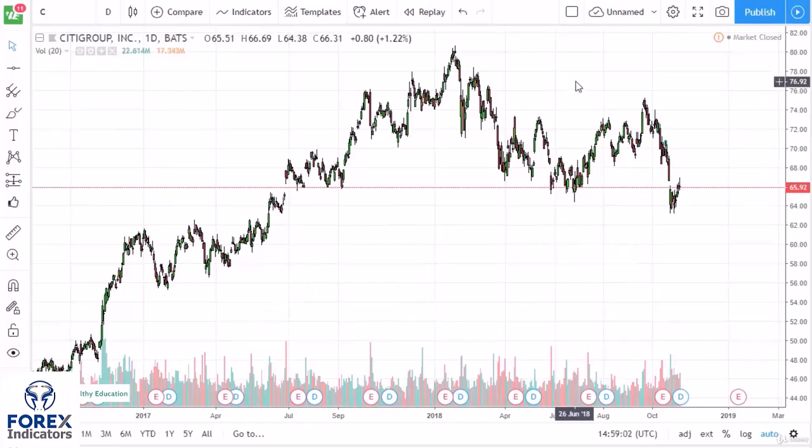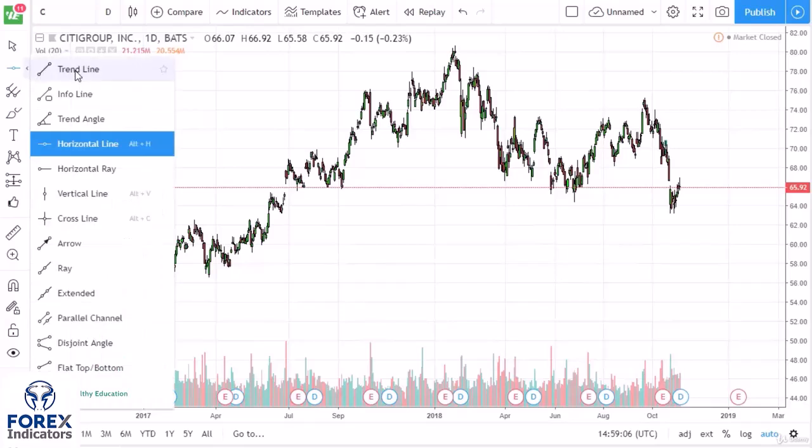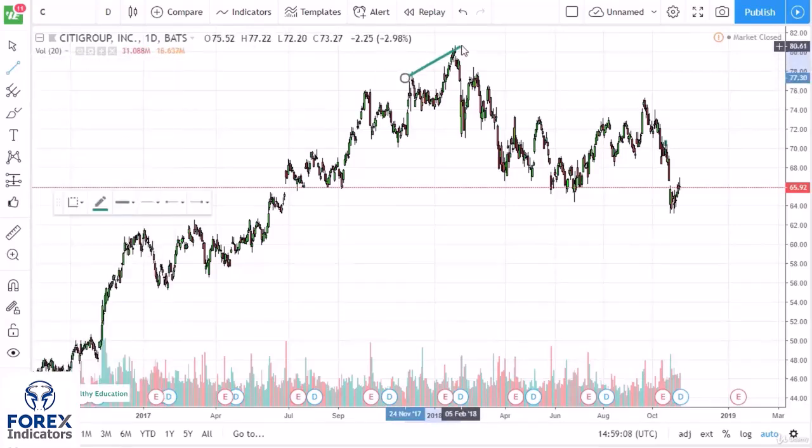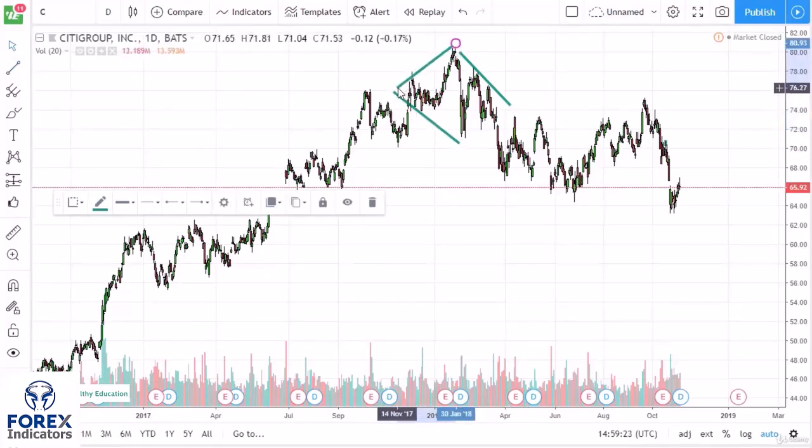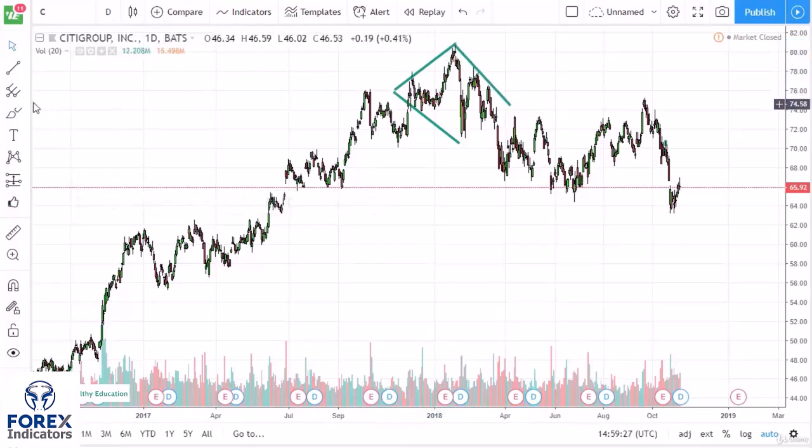So let's take a look at what this looks like. I'll go ahead and pull up the trend line tool, and you can see that we have seen a lot of noise in this area, and I can draw trend lines like this, like so, to form the pattern itself.